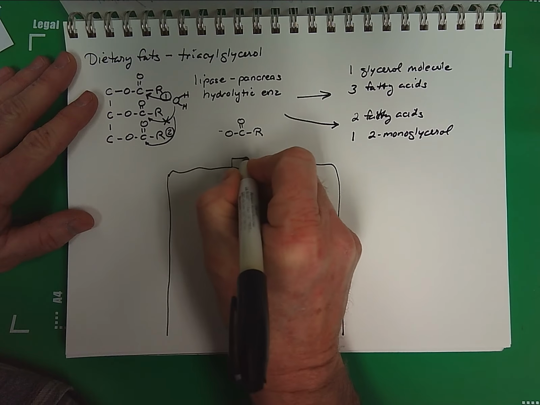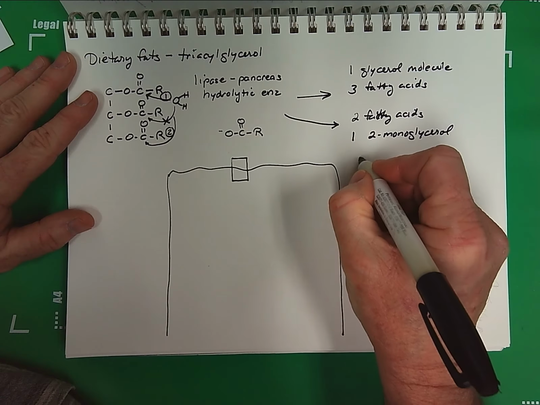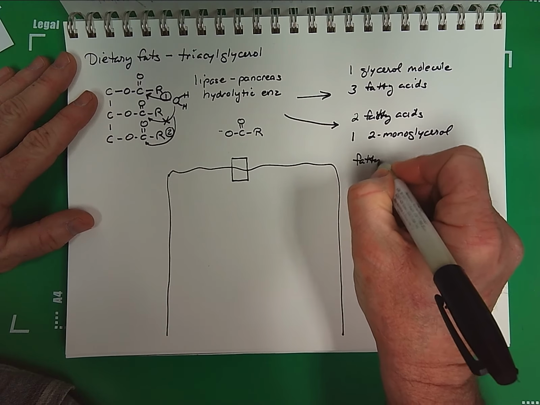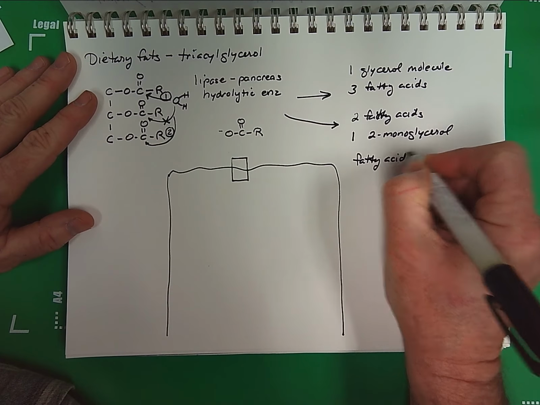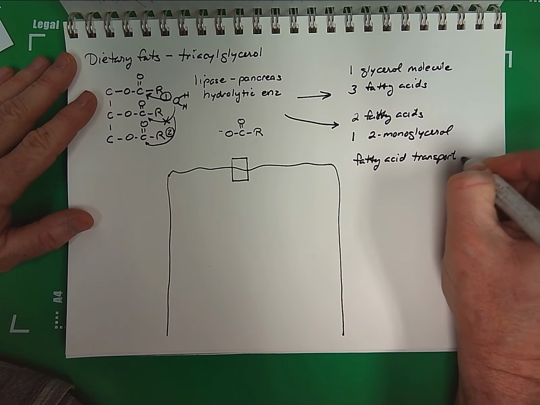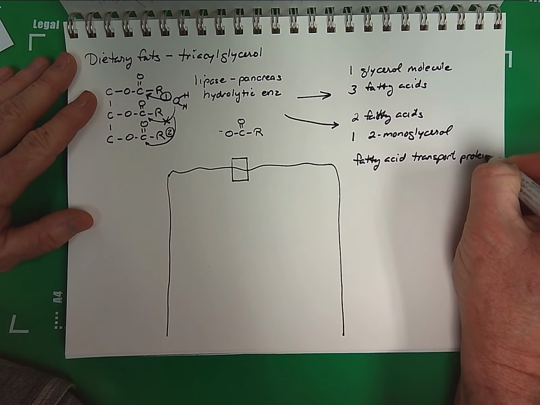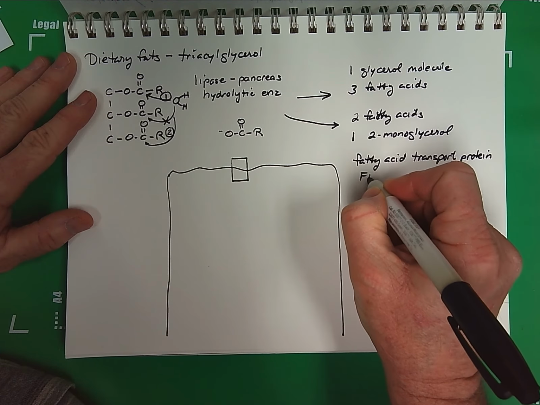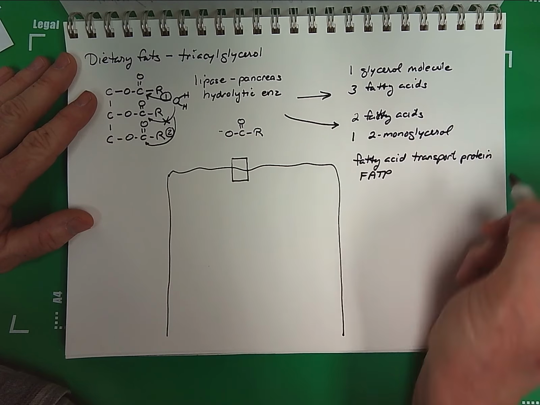Therefore, we need a transporter. And this is called fatty acid transport protein, abbreviated FATP.